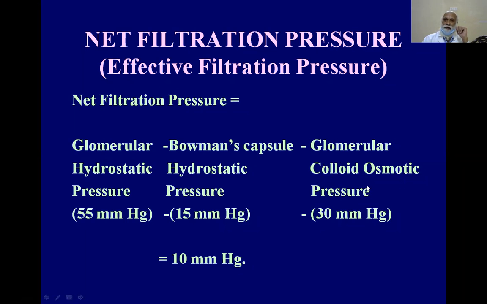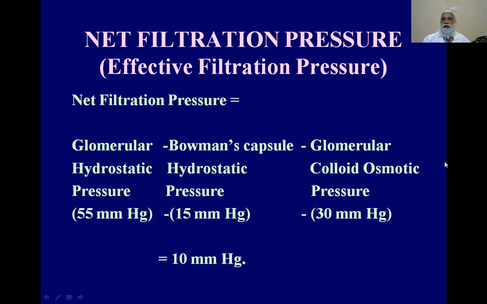You also have another term for this, oncotic pressure, because the colloids are present in the glomerular capillaries as the plasma proteins. But the Bowman's capsule, which contains the filtrate, is protein free. So there is no colloid osmotic pressure on the Bowman's capsular side, in the Bowman's capsular space.